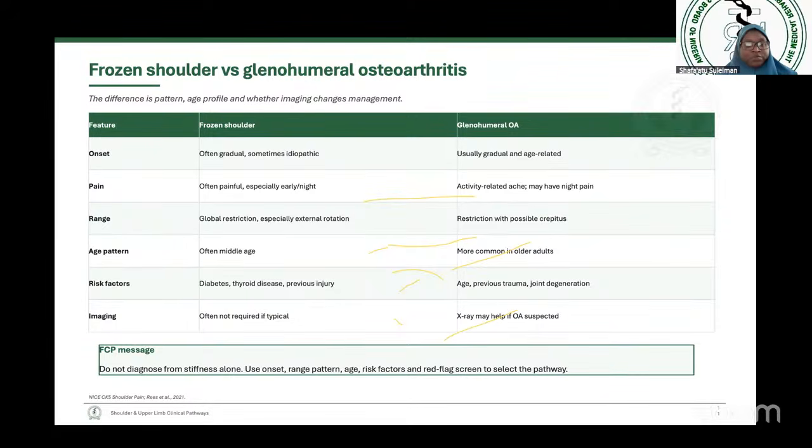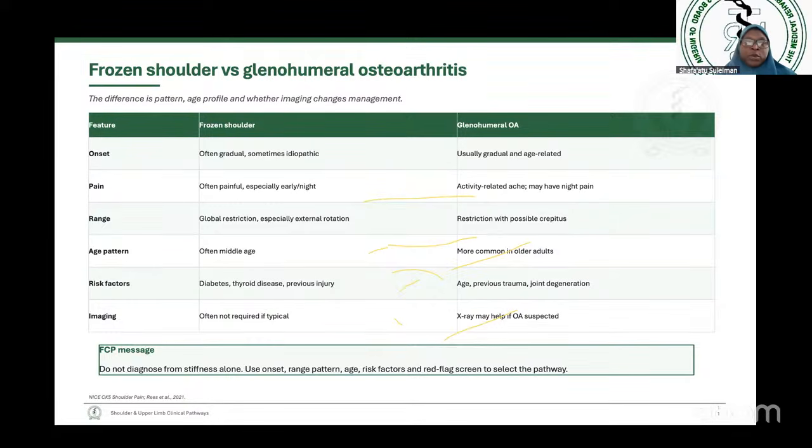And imaging. Again, this is where we look into our imaging. A patient comes in with a stiff shoulder, and we are thinking, is it a frozen shoulder or is it glenohumeral osteoarthritis? So what are we going to do? What imaging should we check?